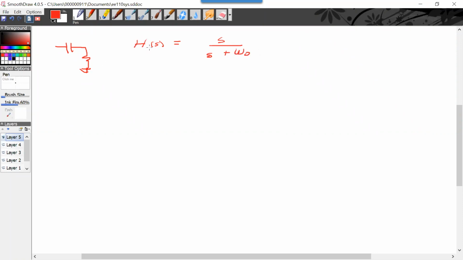H of S divided by S plus omega naught. We want to find V out of T at 0. That means we get the step times H of S times S, which cancel. Since we're looking at 0, S goes to infinity.